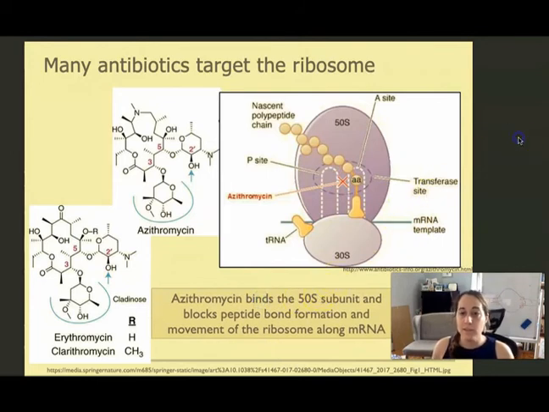Antibiotic resistance is a real problem in the medical world, as many of you probably know, and there are a lot of components to this. Some of them are due to the misuse of antibiotics, some of them are due to the difficulty in discovering new antibiotics. Regardless, I want to mention how certain antibiotics work.